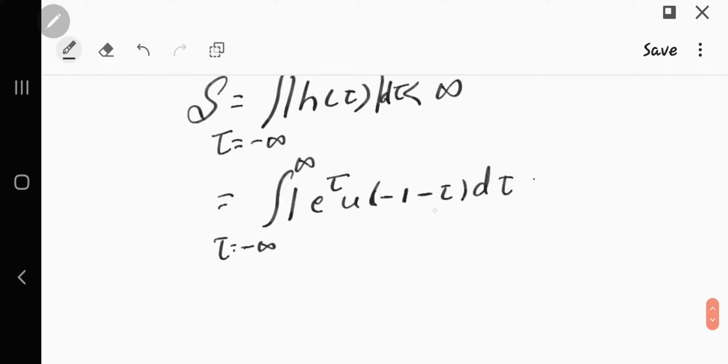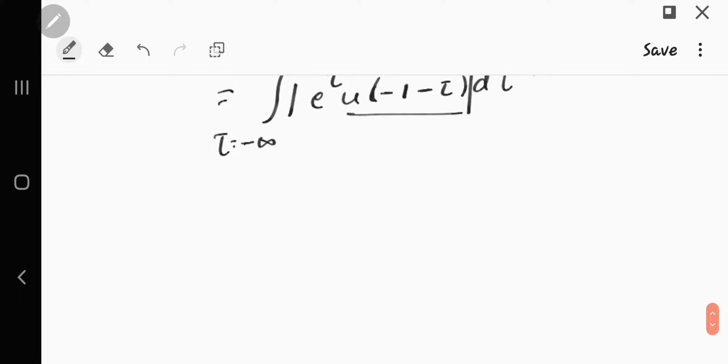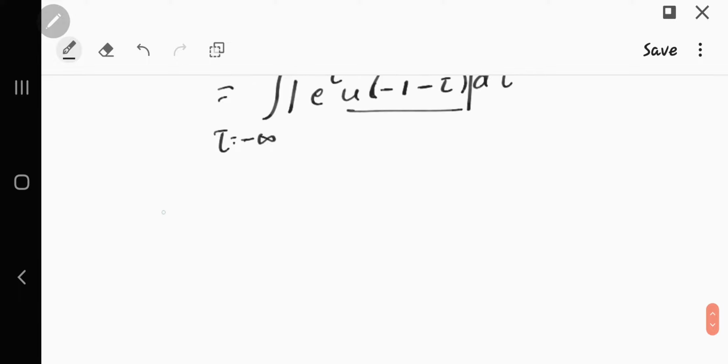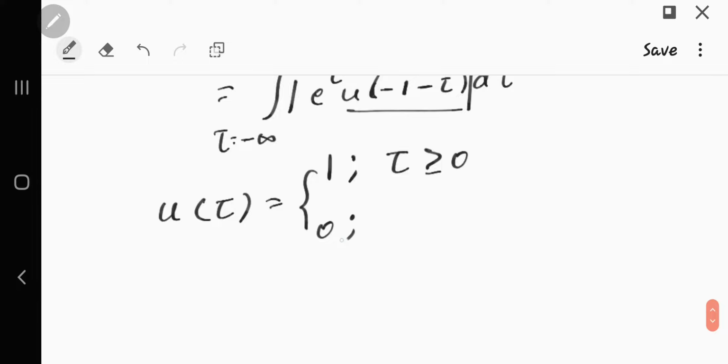Here we have u of minus 1 minus tau. Let's take the limit from which value it is 1. So u of tau is equal to 1 for tau greater than or equal to 0, and u of tau is equal to 0 for tau less than 0.